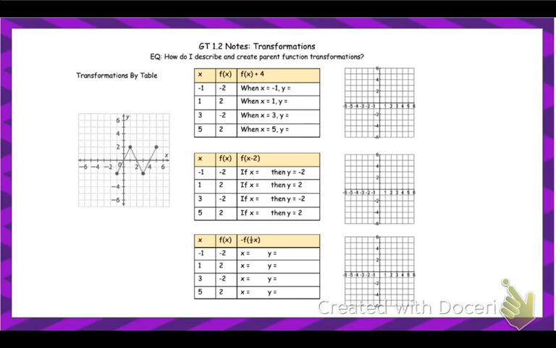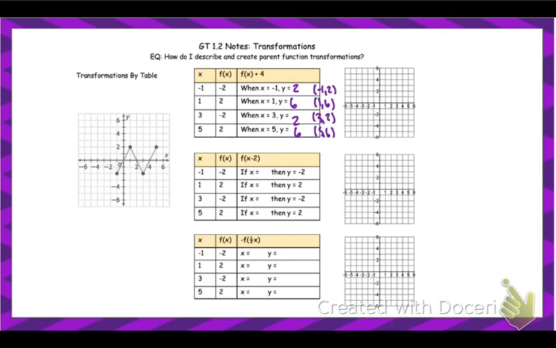Negative 2 plus 4 is 2. When x is 1, I take the y coordinate, add 4, and I'm at 6. Same for the others. So the new points are (negative 1, 2), (1, 6), (3, 2), and (5, 6).